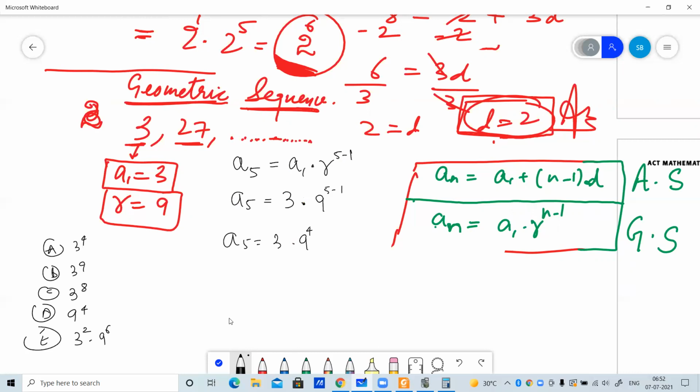I know that 3 would be 3 to the 1, and then add 1 to 4 is 5. But you're not having the same bases, right? You're having 3 and 9. So can you convert 9 to 3?